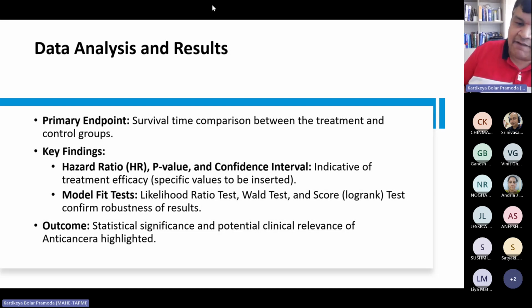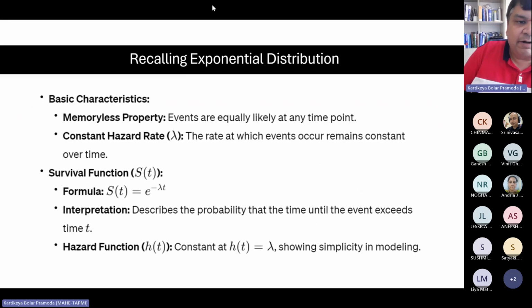That means we do not have any information about those people who have either left the treatment process during the study period, or who would not have reached the state of death during the study period. Okay. Now here, the idea comes from what we call the exponential distribution. So let me just move to that particular zone.